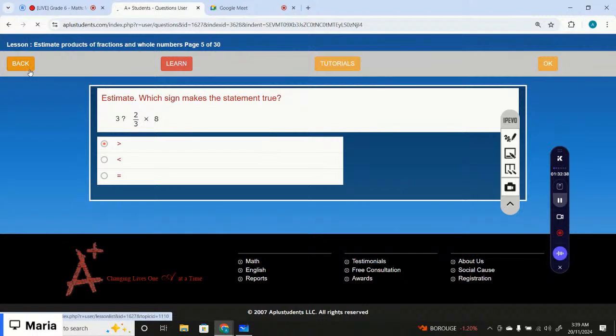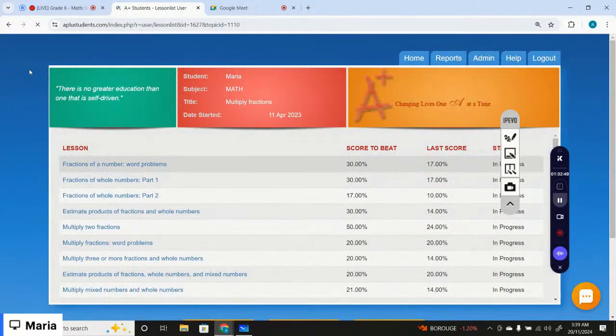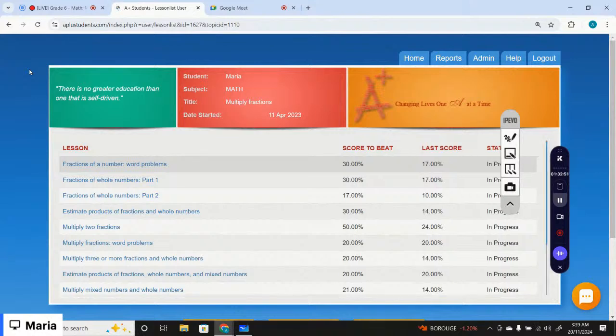So, we were working on grade 6 math. The chapter we were working on is multiply fractions.